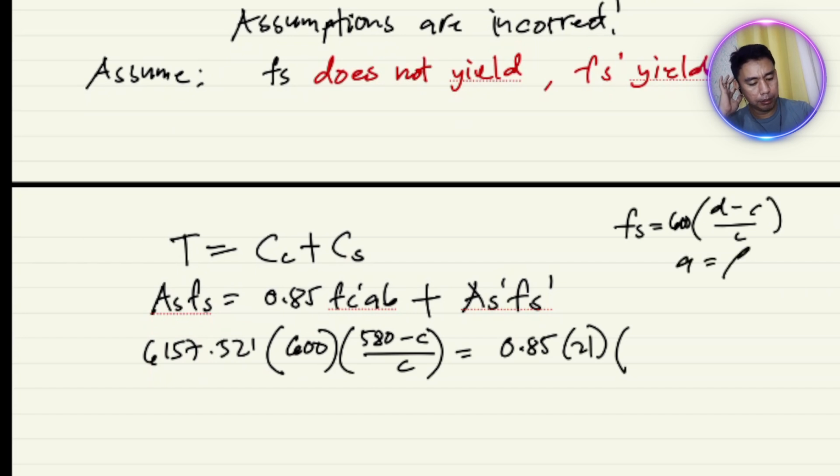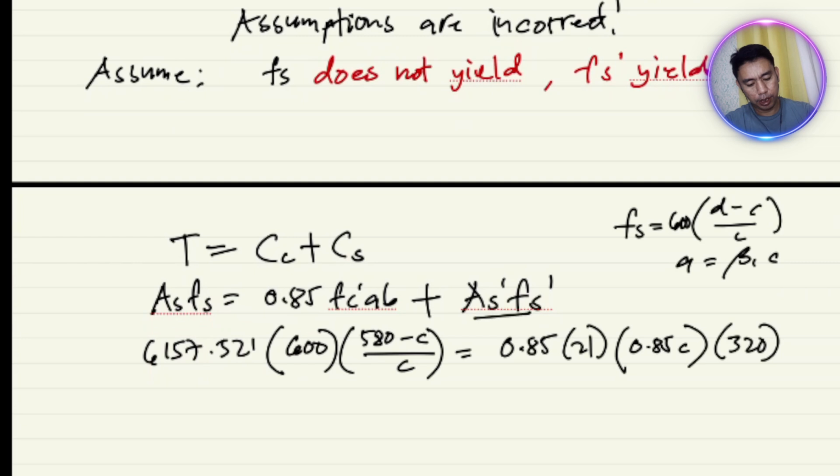A is equal to beta 1 c, right? So, ang beta 1 natin is 0.85 c times b. b is 320.